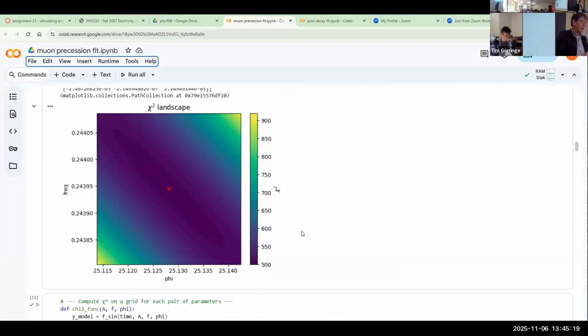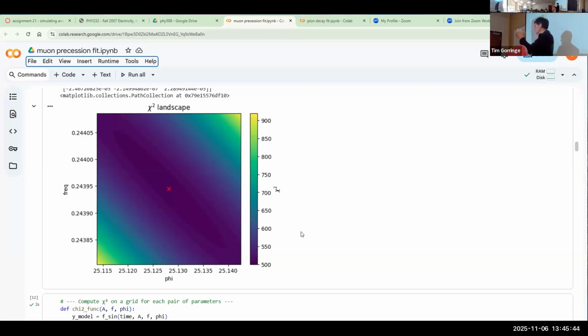Then I looked at the dependence on the parameters. In this case too, if you fit a sine wave, you've got the amplitude, and the sine wave has a frequency and a phase. You have to watch out for the correlations between the frequency and the phase. You could imagine that, right?